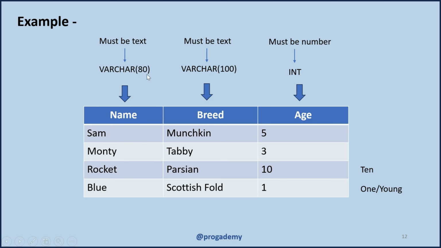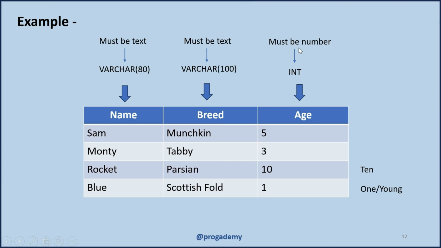We can define some length here depending on how the data is. Then we are storing the breed of a cat: Tabby, Persian, Scottish Fold. So it will also be text, and as per the character length, we can define the length here.